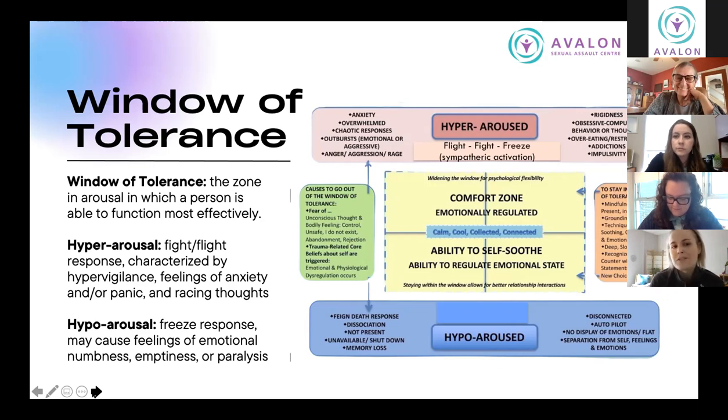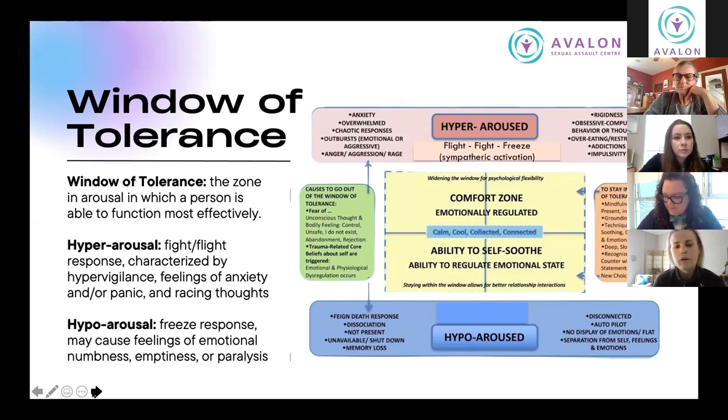So in regards to the window of tolerance, I think this is really important when we're talking about the impacts of non-disclosure agreements, and when we're talking about healing for individuals who've experienced trauma, if it's harassment, if it's sexual assault, and really understanding when we're silencing individuals, when we're looking at their healing, what does this all look like?